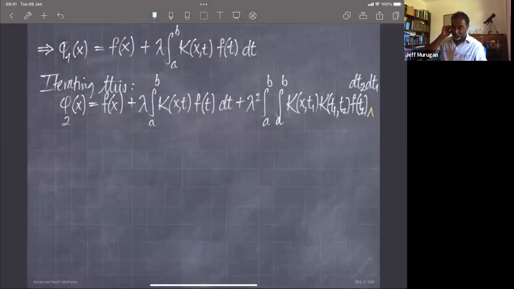Okay, so all I've done is I've substituted phi 1 into the right-hand side of the previous integral equation, and iterated it through.